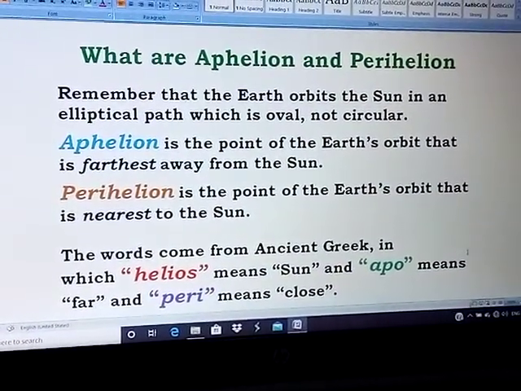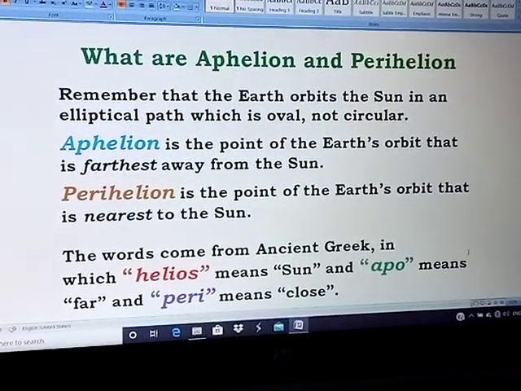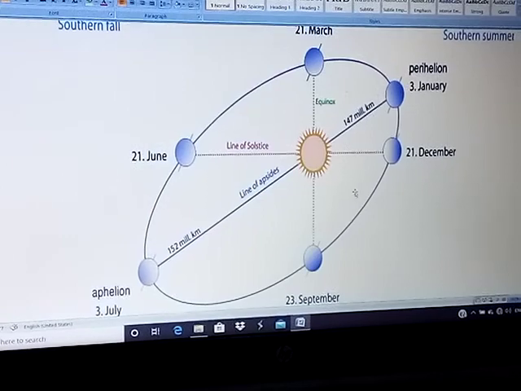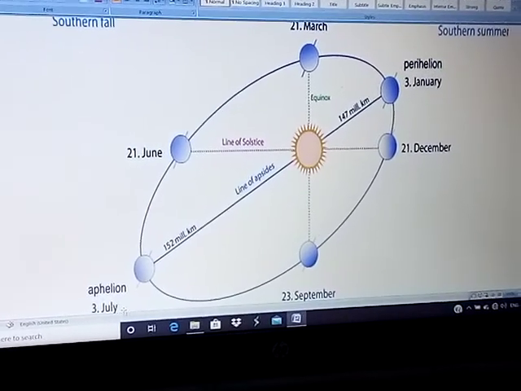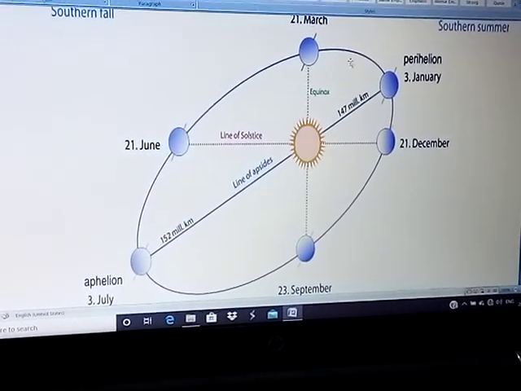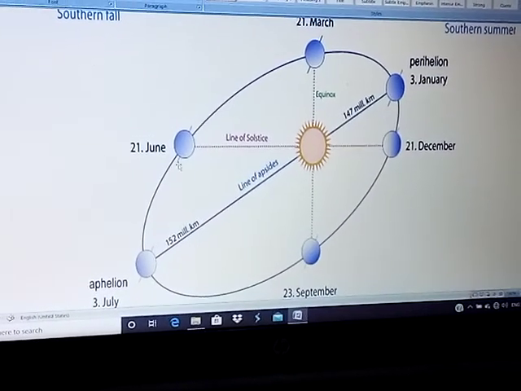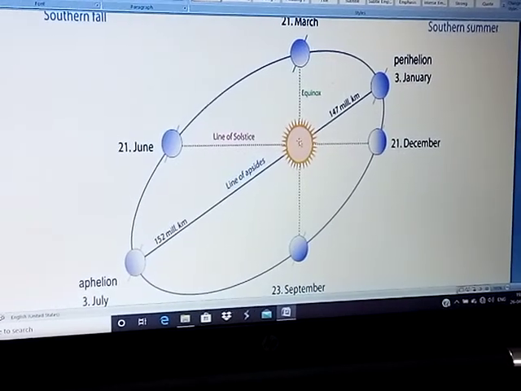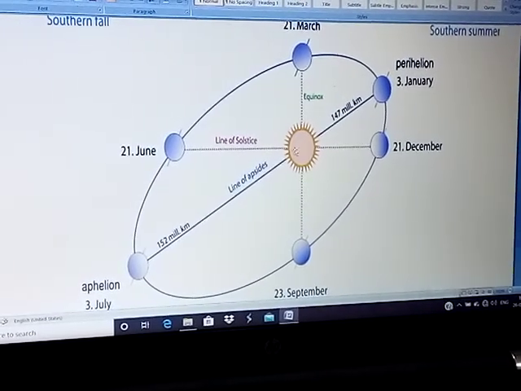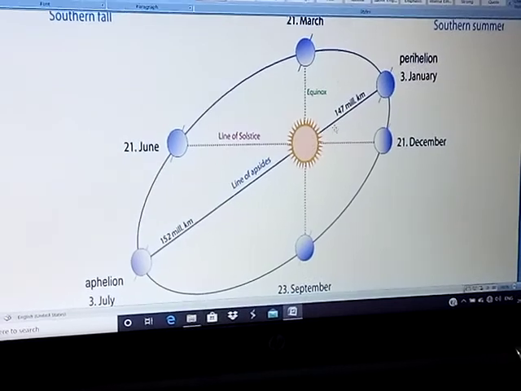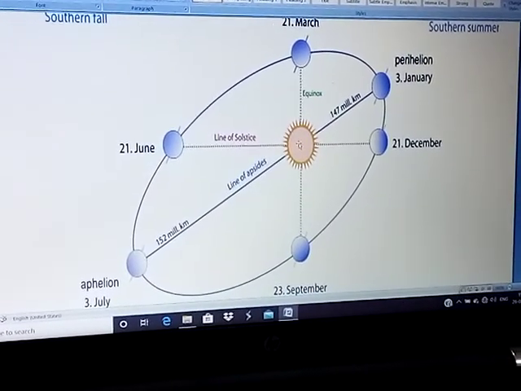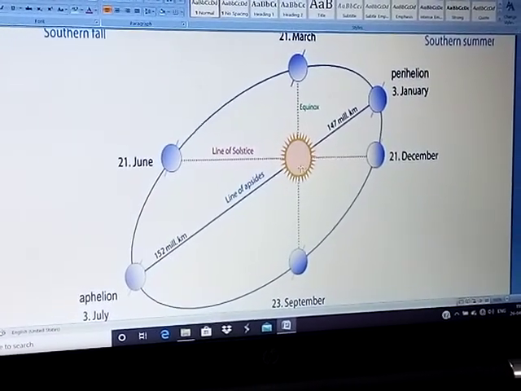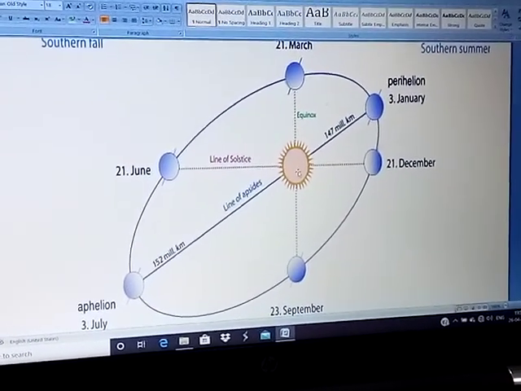Now aphelion and perihelion. Let us go to the diagram first. We say the orbit of the earth is oval, not a full circle, due to which the distance between the sun and the earth, sometimes you can see from here to here it is so close, and sometimes the earth's distance from the sun is quite far.